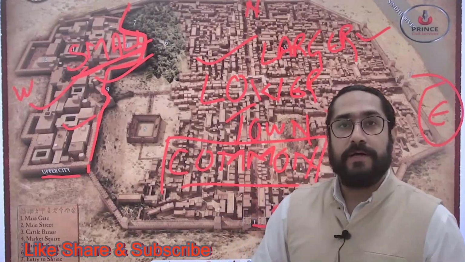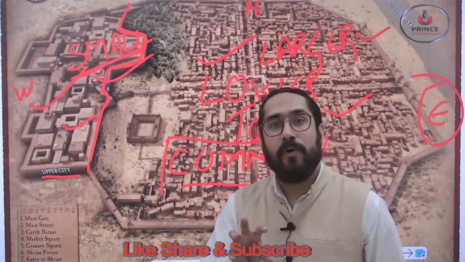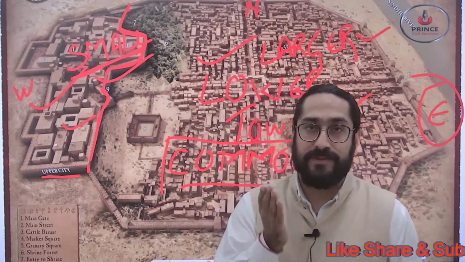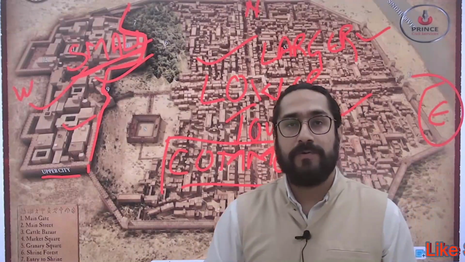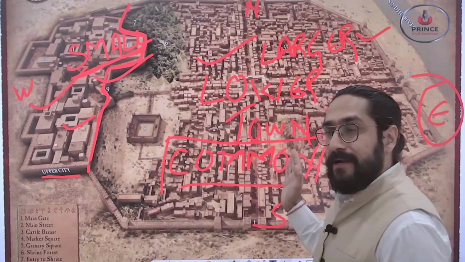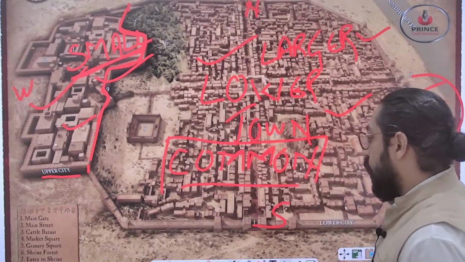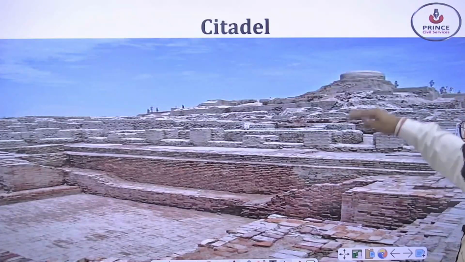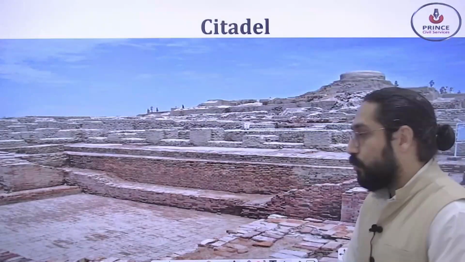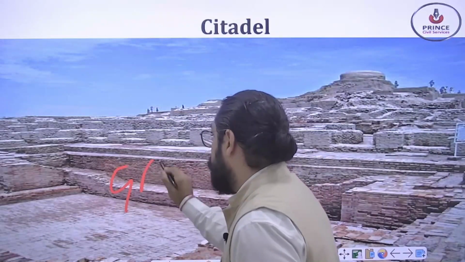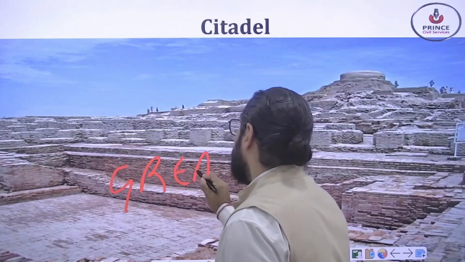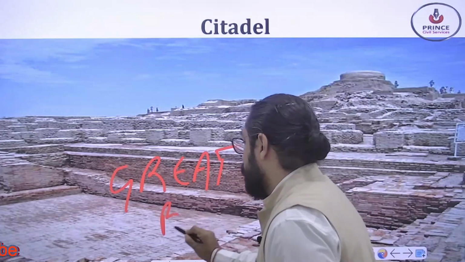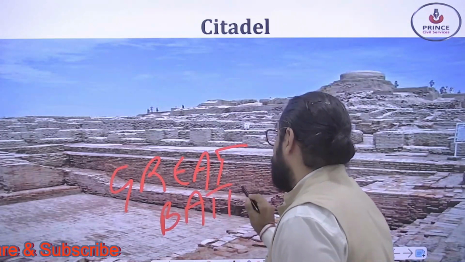So I hope you have got an idea about the city layout and how they were divided. They were divided into Citadel and the Lower Town, which was inhabited by the common people. Now you can just see here, there is a raised platform. This is known as Great Bath. I told you that all the public structures, large structures, they were located in the Citadel.